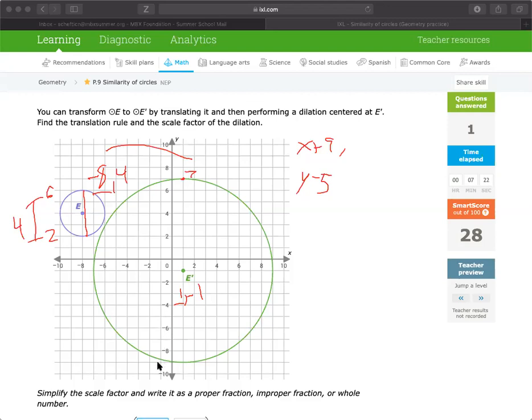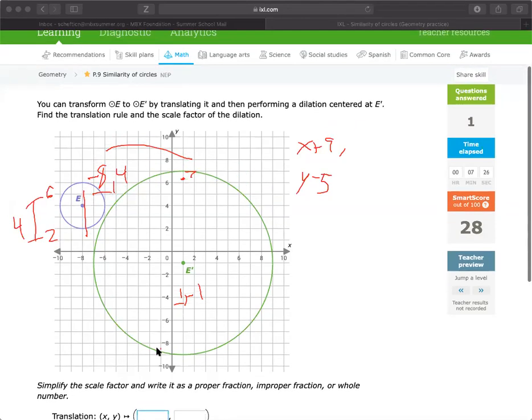Let me scoot this down slightly so I can see. And this is going to be all the way down to -9, it looks like. This is where it hits. So -9 and 7, that distance is going to be 16.